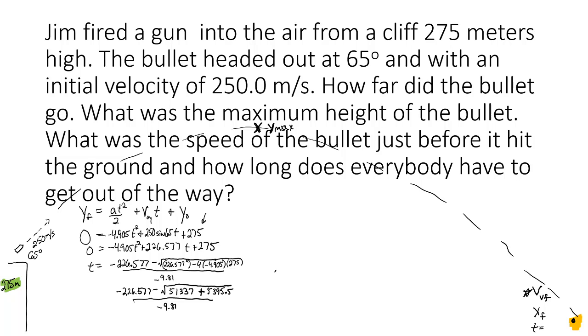So then we'll take our 5,395 and add it to 51,337.1369. And we get negative 226.577 minus the square root of 56,732.6 all over negative 9.81.